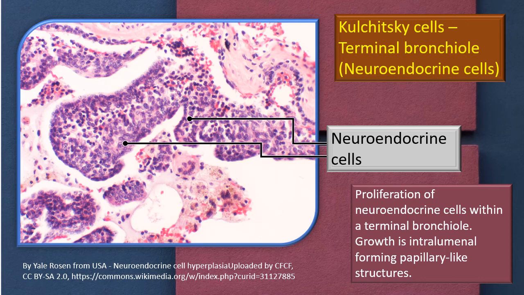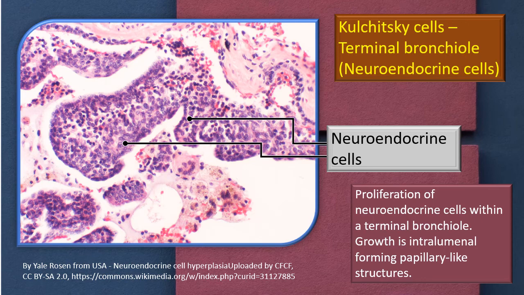Now, although this is a photograph from a tumor in the lung, it nevertheless brings out the salient features of this cell. Proliferation of these neuroendocrine cells within a terminal bronchiole. The growth is intraluminal and the whole thing forms a finger-like or a papillary projection into the lumen.